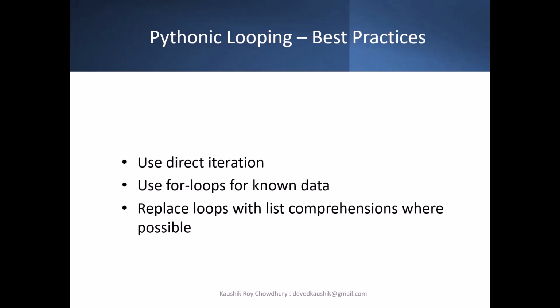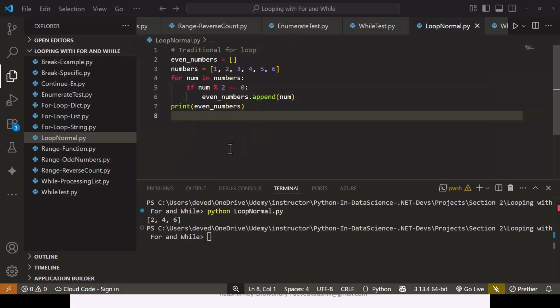Say, for example, it will find the even numbers from this list of numbers 1, 2, 3, 4, 5, 6. So the list will finally have 2, 4 and 6, and the explanation is not difficult to understand. Even numbers is an empty list, and numbers is another list of numbers 1 to 6.